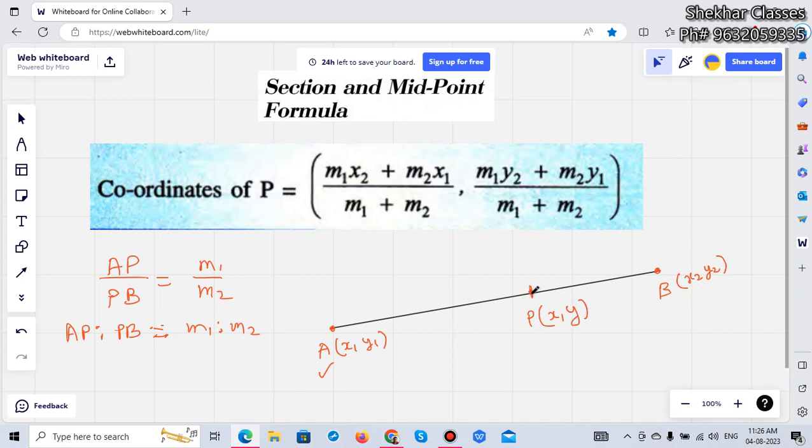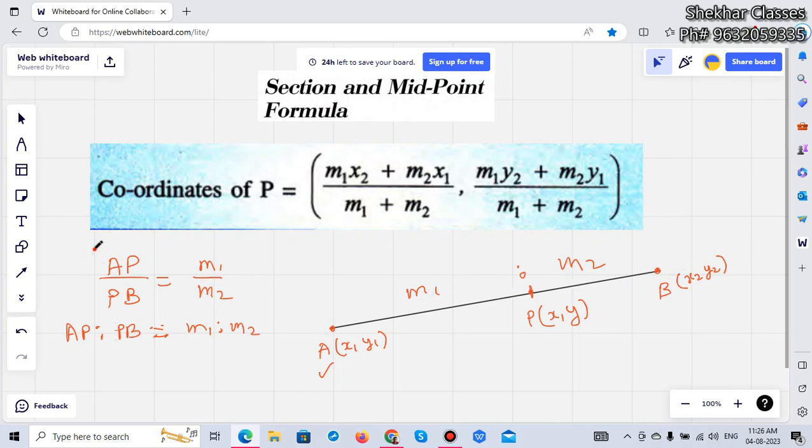And there is a point P on the line AB such that P divides AB into two parts, and the ratio between the two parts is M1 is to M2. Which means AP upon PB, or AP is to PB, is M1 is to M2.